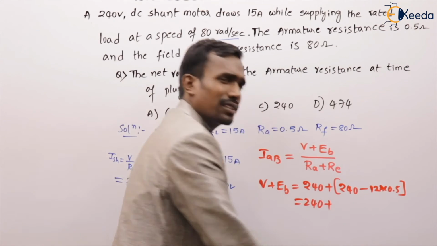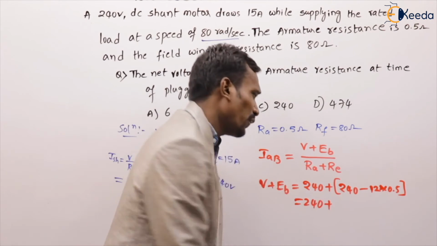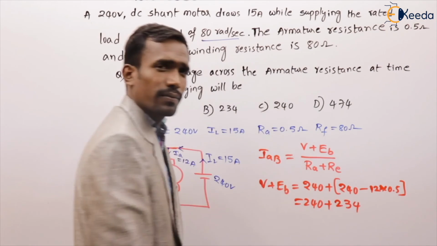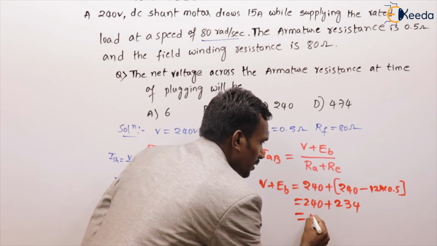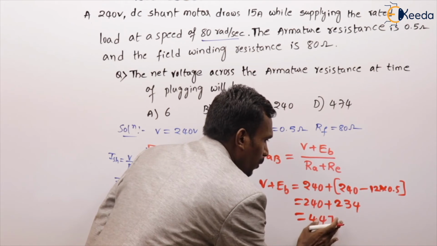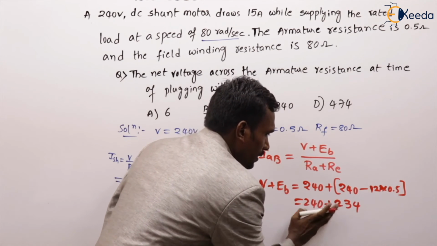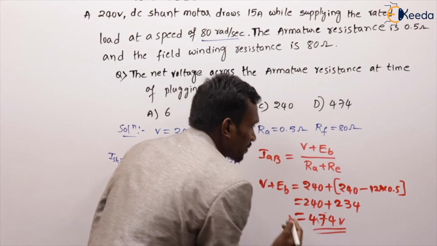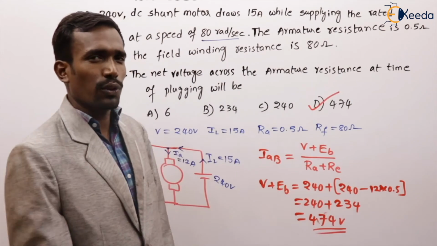Then what is the answer? 240 minus 6 is nothing but 234. So finally, the voltage is 240 plus 234, which is 474 volts.